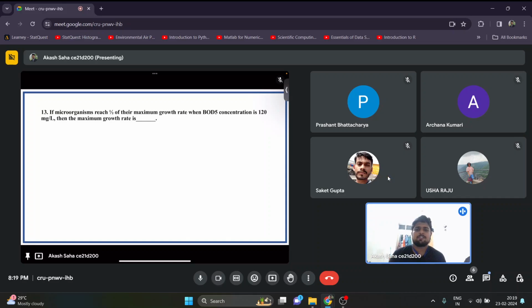When BOD5 concentration is 120 milligram per liter, then the maximum growth rate is. So we have to find mu max. And what is 120? Can someone tell me what is 120 given as? Just think about Monod equation and what are the parameters there.